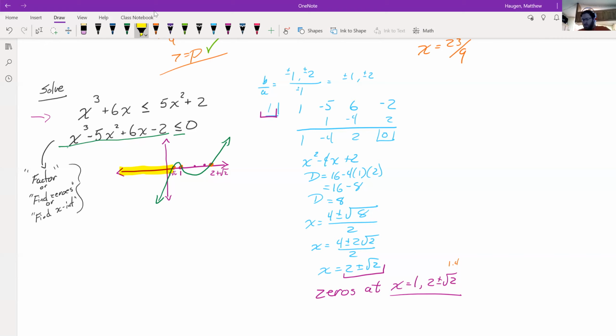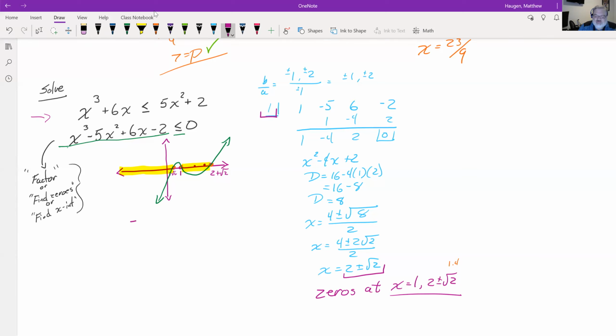So for that range and for all the values between 1 and 2 plus the square root of 2, all those x values are giving us y values that are below the axis, y values that are less than 0. So our solution set, where is this less than or equal to 0?